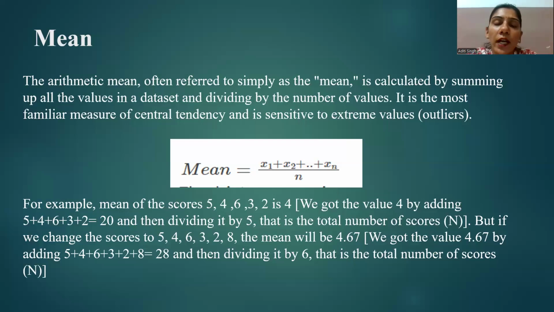For example, if there are 100 students in a class and we want to find their mean average marks obtained in a science test, we will add all their marks and divide it by 100, that is the number of students, to obtain the mean. This is how the meaning of mean works.